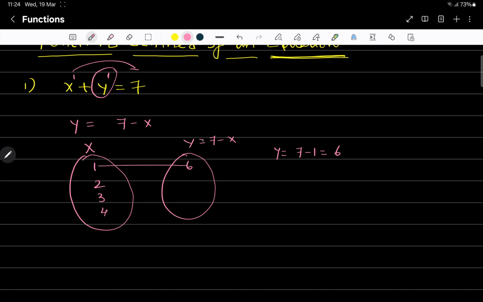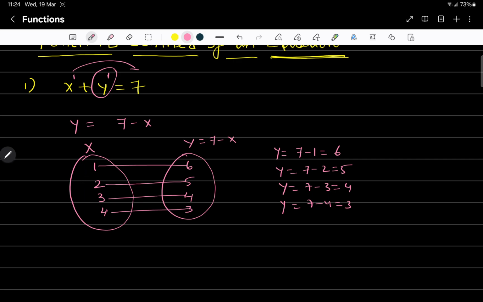If I give you x is equal to 2, y is how much? 7 minus 2, that is 5. So 2 has only one image, 5. If I give you 3, then y is 7 minus 3, that is 4. If I give you 4, y is equal to 7 minus 4, that is 3.